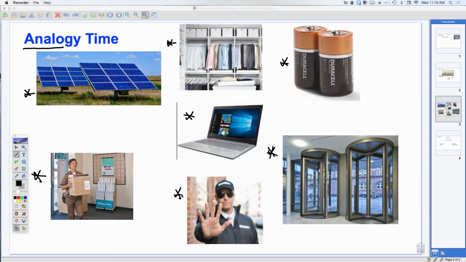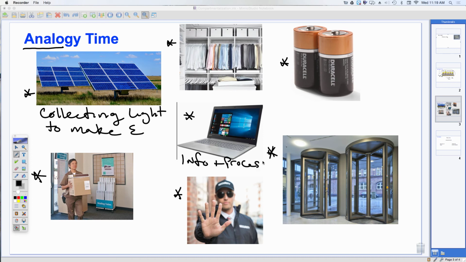All right, so hopefully you hit pause and you thought about it. And so we have a set of solar panels which are collecting light to make energy. And there is an organelle in plants that does this job. And here the computer is sort of an information and processing center, and it's dependent on a code.